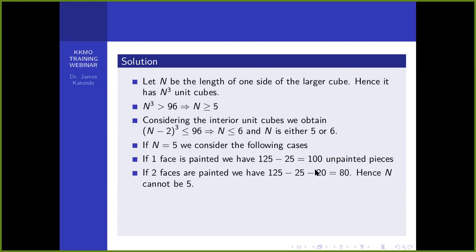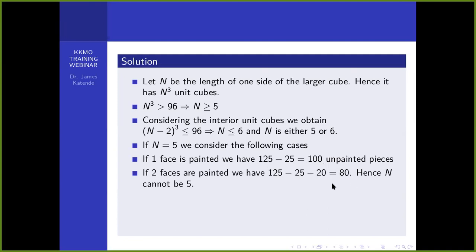So the next smallest number you can remove is 20. That gives you 80. So you cannot attain 96 if n is equal to 5, because if you paint only one side, you get 100 unpainted pieces, and if you paint two sides, you get 80 pieces.